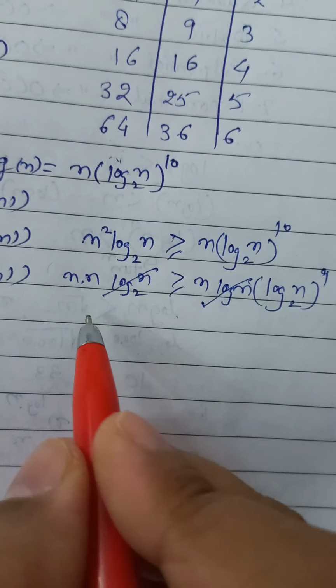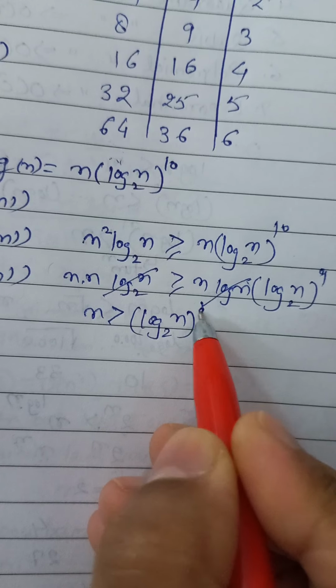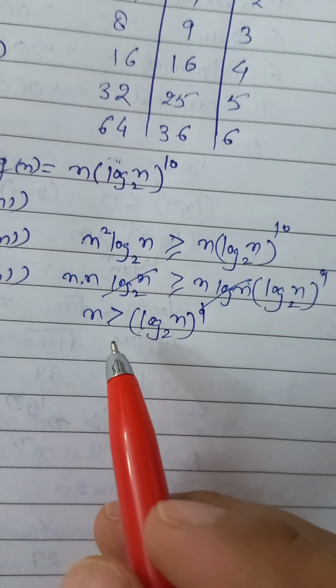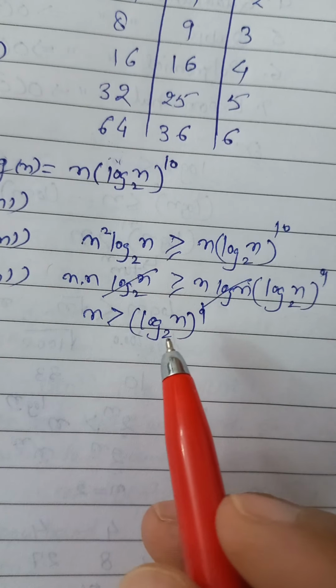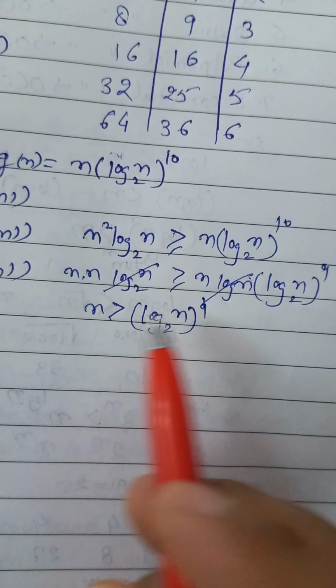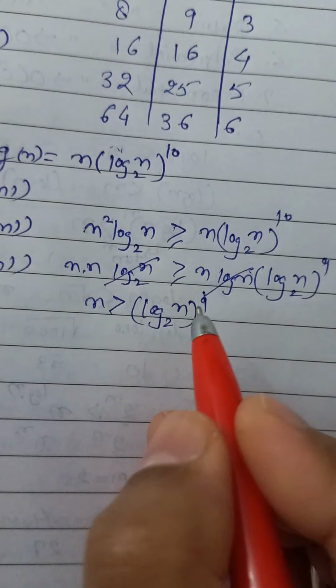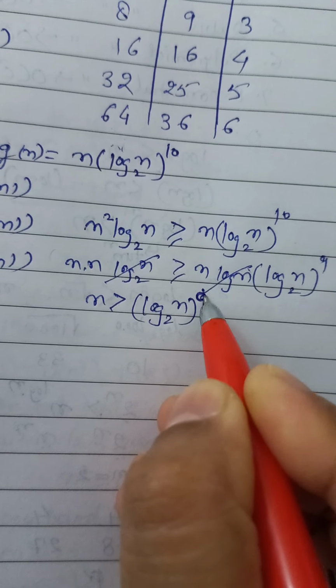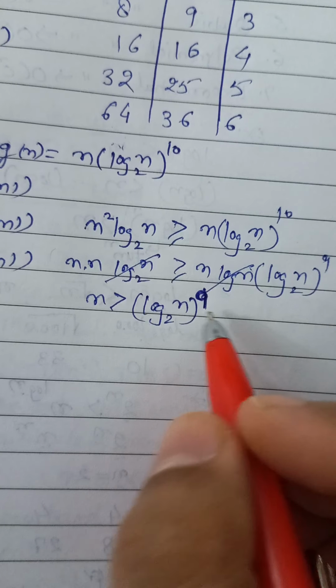So what is left? n greater than log n base 2 power n, and we know n always remains greater, because log n is always less than n, as we know, and if we put some power on log n value, it will also remain less than n.